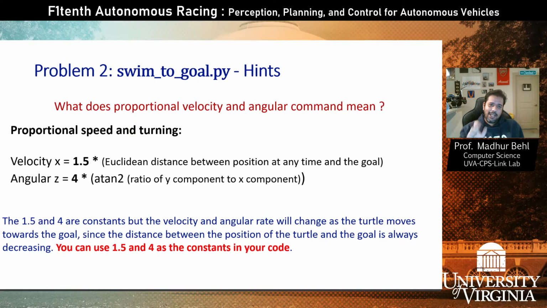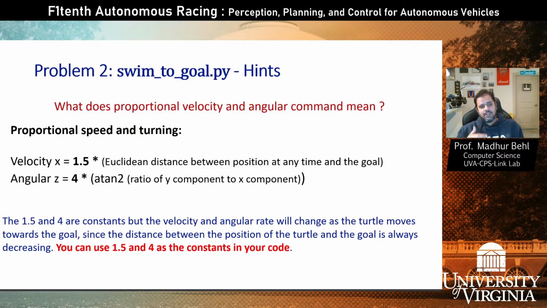And similarly, for the angular velocity, you want to compute the arctangent of the y component of the remaining distance and the x component of the remaining distance, because this function atan2, I think, requires two input arguments. So instead of the distance, you can split that into the y and the x component, use that as the inputs to compute this arctangent, which is again a function of the remaining distance, and multiply it by some reasonable value and use that as the angular velocity.